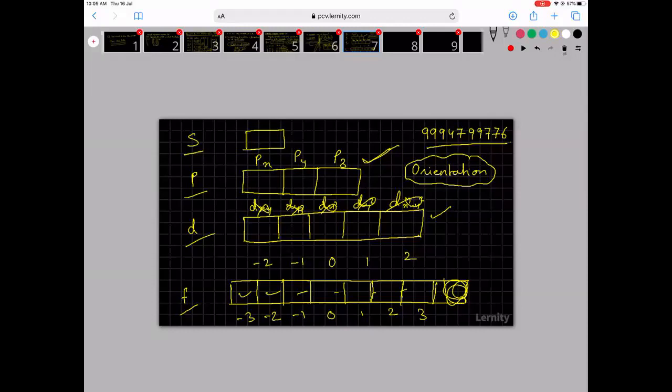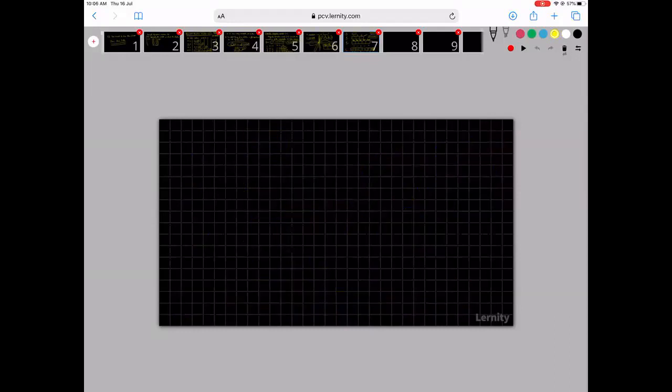Magnetic quantum number is written as M. So, if I have N equal to 1, then the L value is 0, and the M value is 0. If I have N equal to 2, L value is 0 and 1.